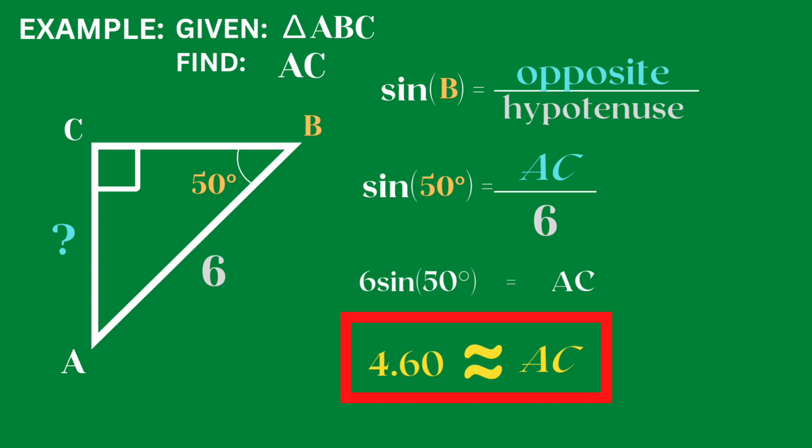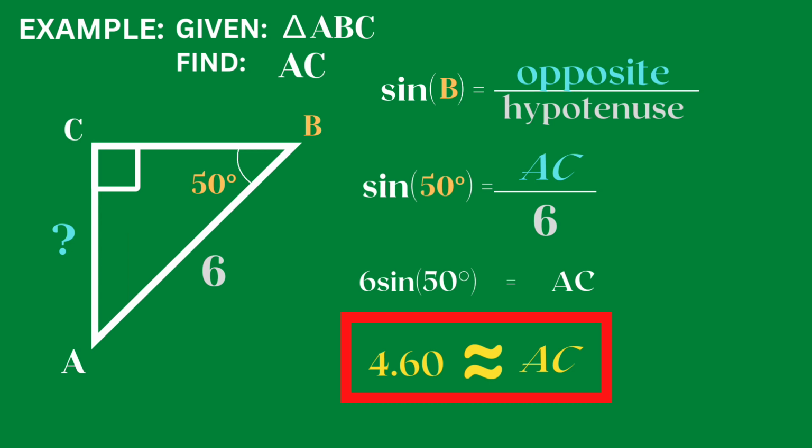So the next step is to create an equation using the trigonometric ratio sine and solve for the unknown side. So first, let's write the equation, which is sine B is equal to opposite over hypotenuse. So that's how we define sine. And next, substitute the values.